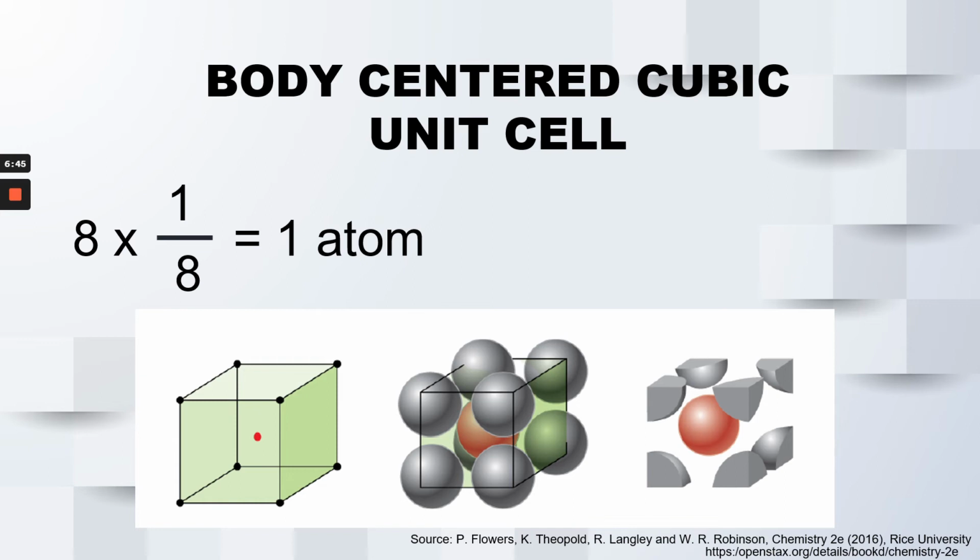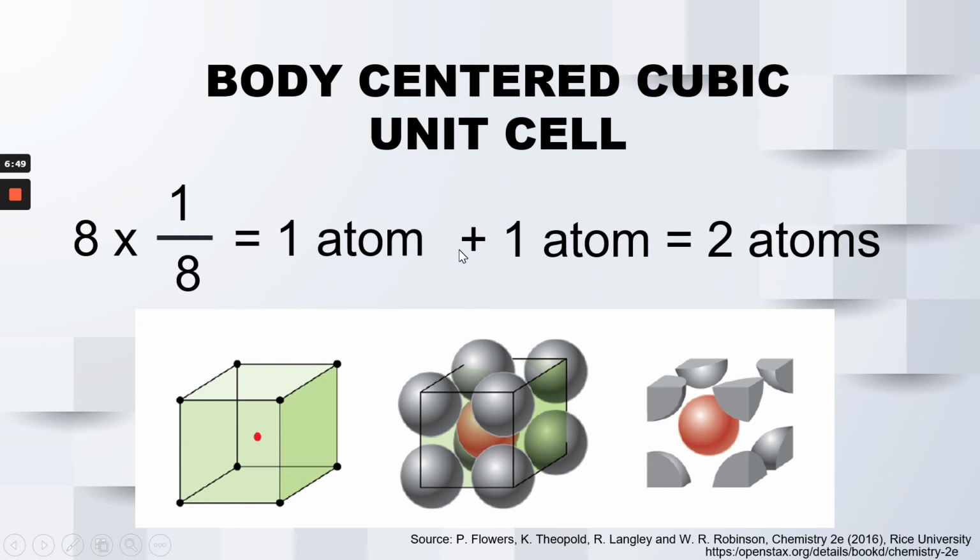Then we have to add the 1 atom at the center. So in the body-centered cubic unit cell, we have 2 atoms.